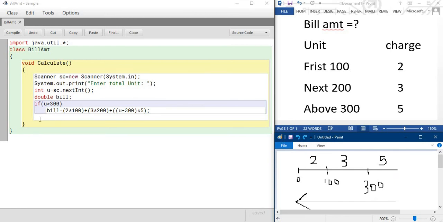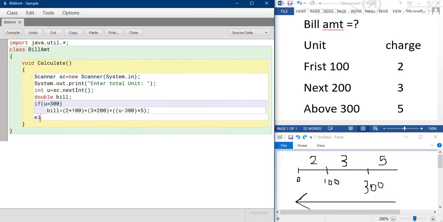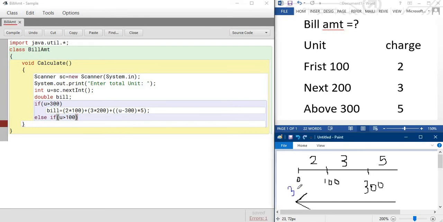Now for next calculation, else if unit amount greater than 100. Now suppose you are wasting bill 350. That time you can see this is true, also true.